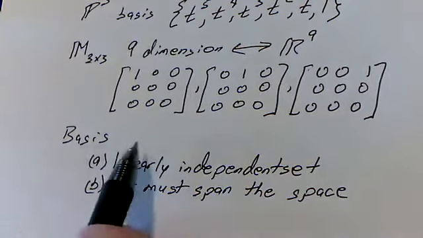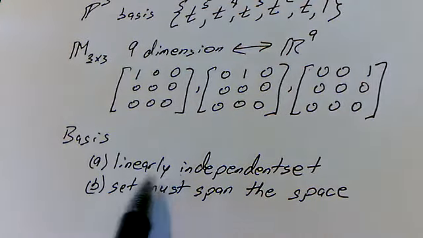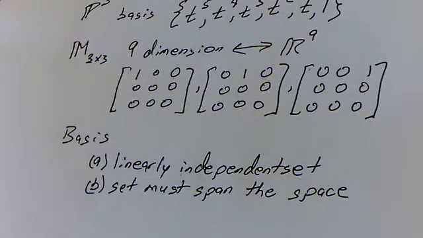So a basis for H has a linearly independent set, and that set spans H, or whatever the name of your space is. Okay, that's what you have to have. And you can think about unfolding these into different spaces, things like that.